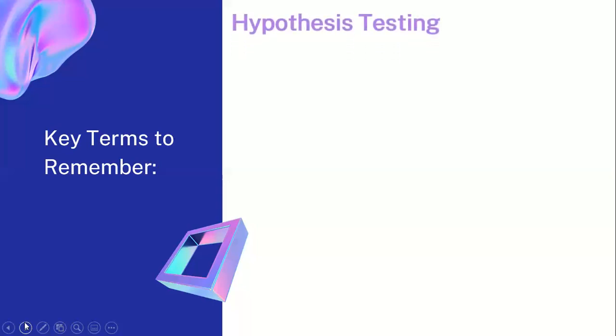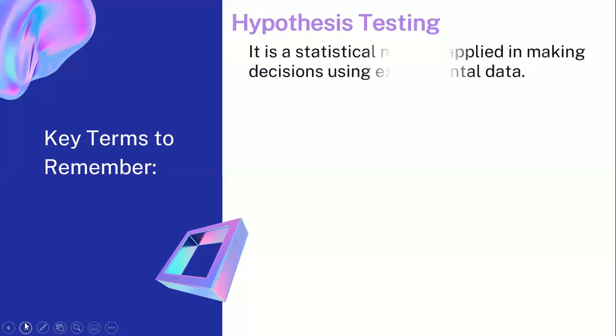And so, as we define hypothesis testing, it is a statistical method applied in making decisions using experimental data. Usually, hypothesis testing is basically testing an assumption that we make about a population.